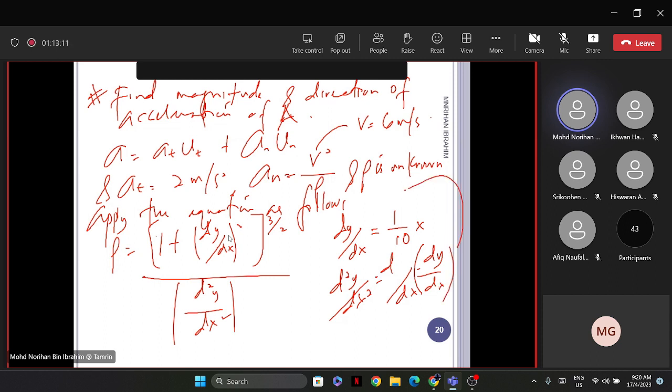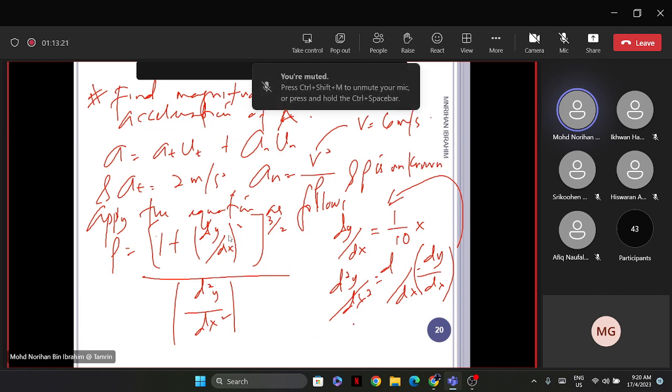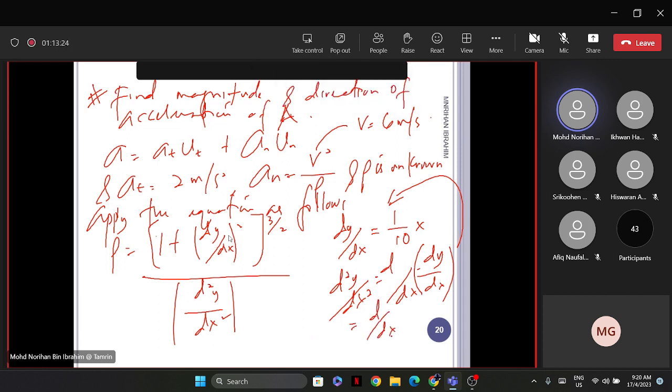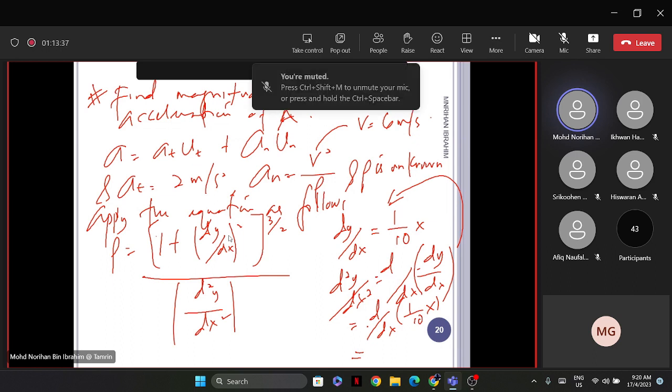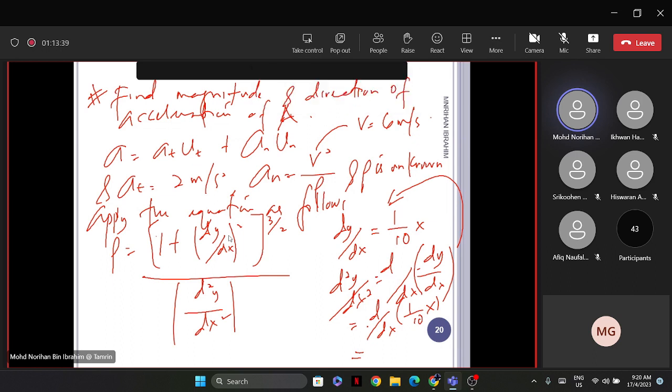And we know that dy over dx is 1 over 10x. So this is equal to d over dx of 1 over 10x, which becomes just 1 over 10. So once you got this, d to the 2y over dx to the 2 is equal to 1 over 10.